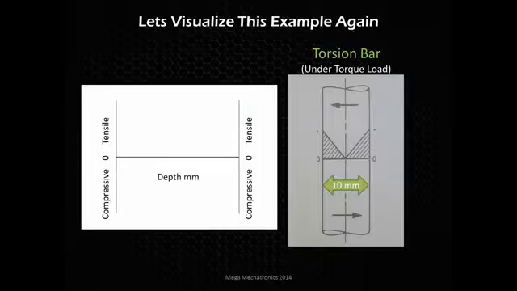So we have our compressive, 0-point, and tensile stress scales on the side. We have the depth. Now look at this depth. We have 10 millimeters here. And you can see on the vertical lines on each side, that's a 0 point, because those are the edges of the part.